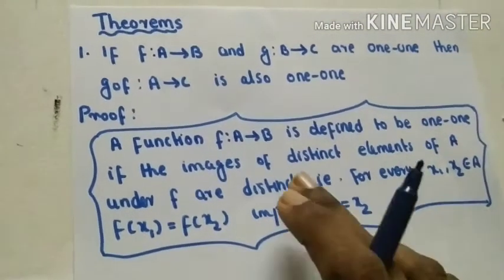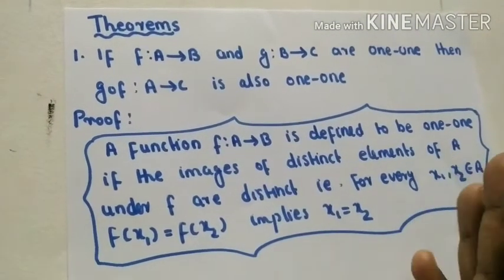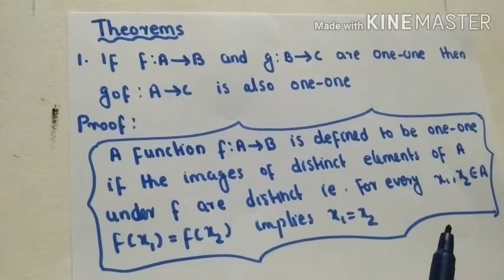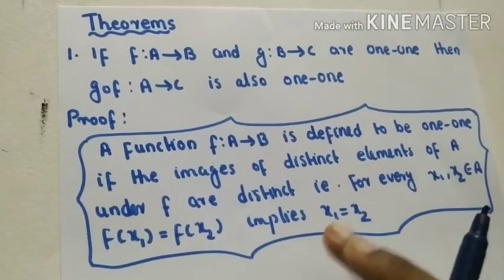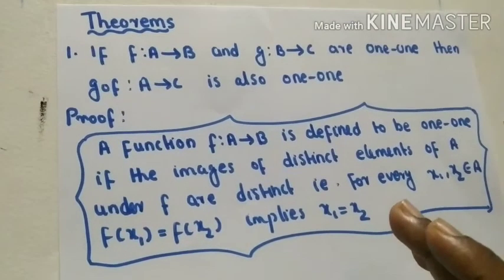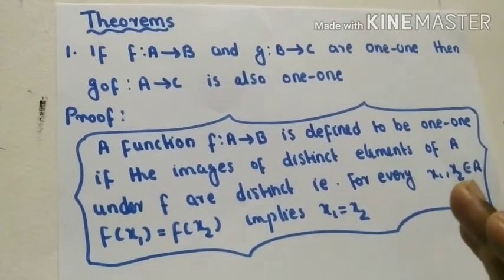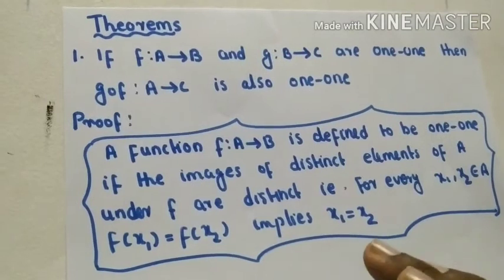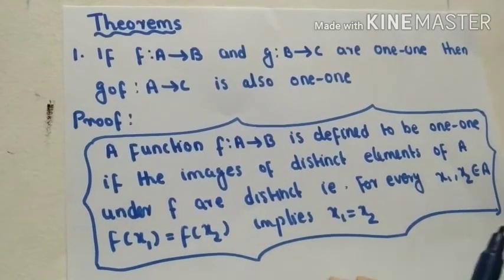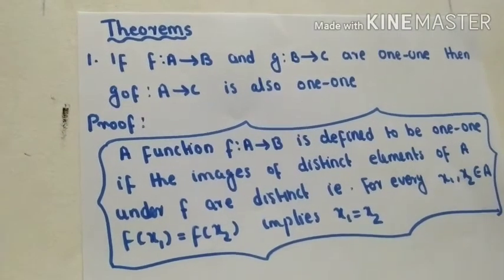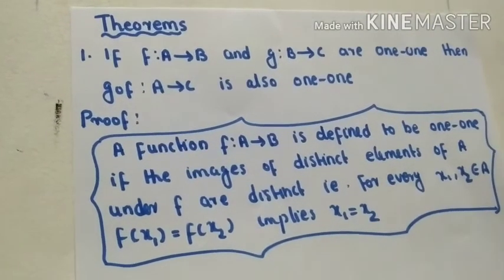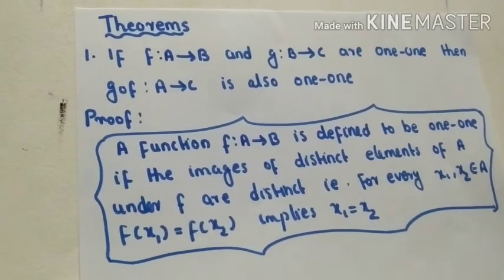A function f from A to B is defined to be 1-1 if the images of distinct elements of A under the function f are distinct. That is, for every x1, x2 in A, f of x1 equal to f of x2 implies x1 equal to x2. With the help of this result, let's begin the proof.